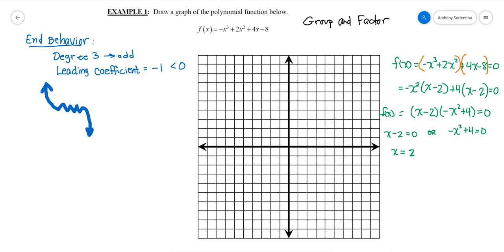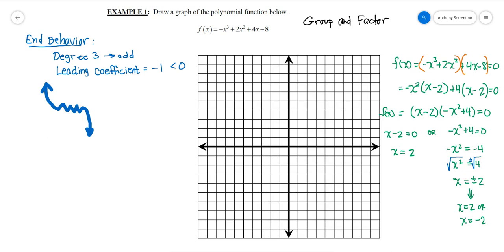Negative x squared plus 4, if I subtract 4 from both sides, multiply both sides by negative 1, and then square root both sides, I get that x is going to be plus or minus 2, which boils down to this saying x equals 2 or x equals negative 2.